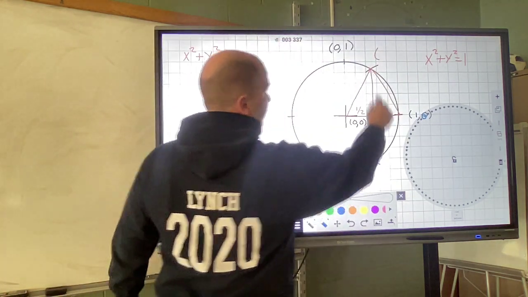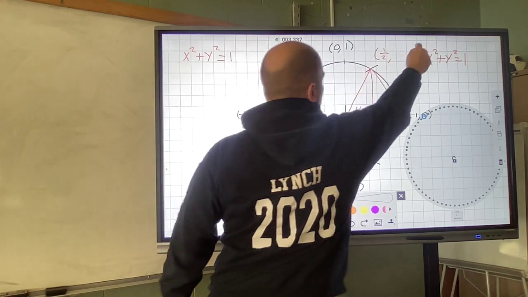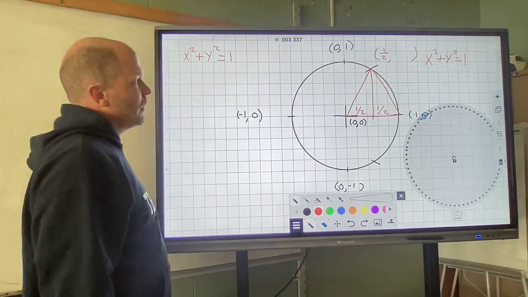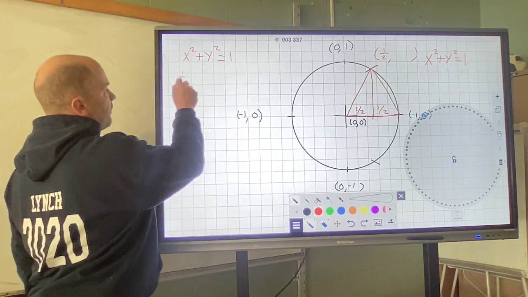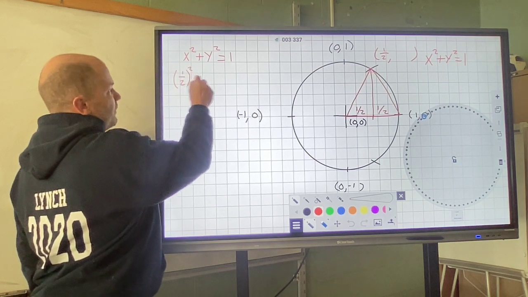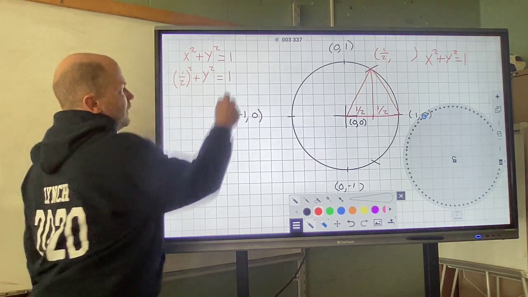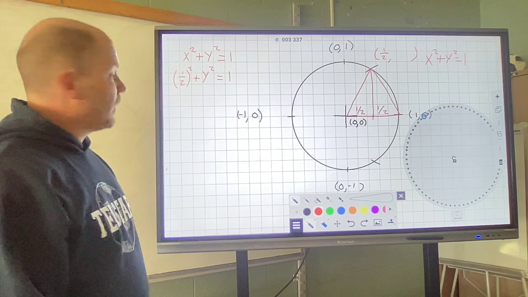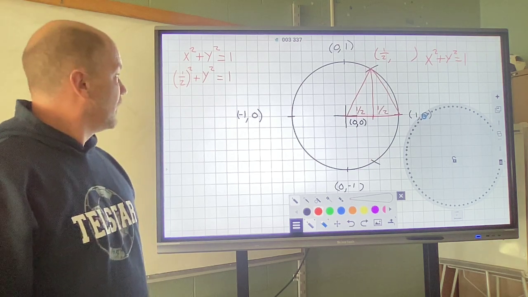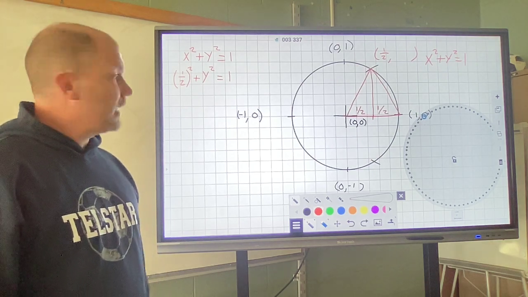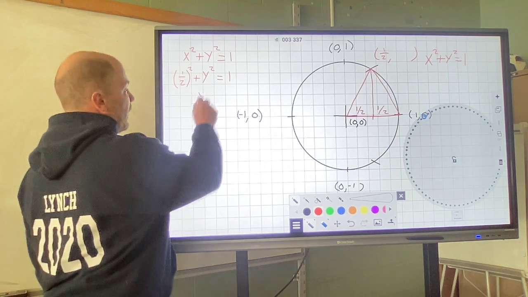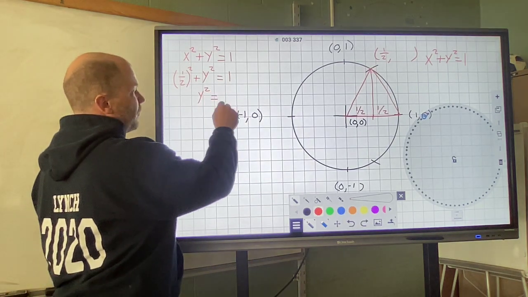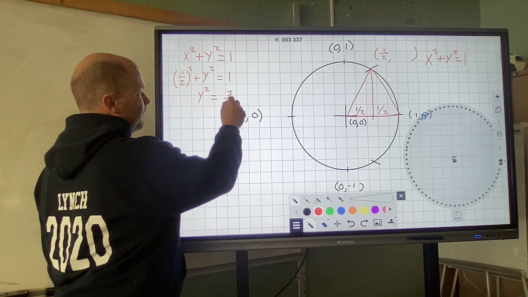So we know the x coordinate is 1/2. The question is, what is the y coordinate? Well, we can just plug in 1/2 into this equation. When we square 1/2, we get 1/4. We're going to subtract 1/4 from both sides and get 3/4. So y squared equals 1 minus 1/4 is 3/4.